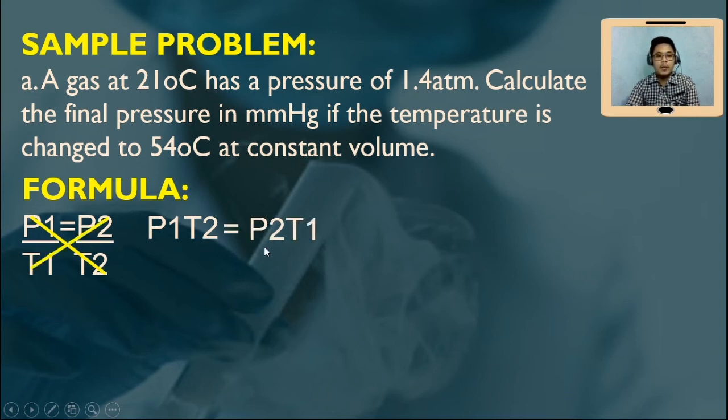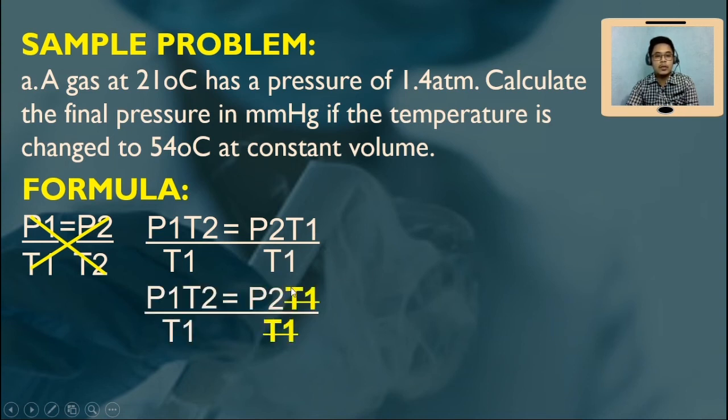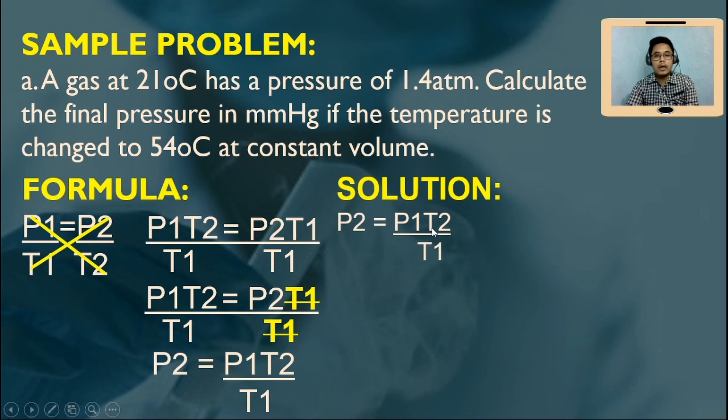And dapat ang maiwan lang na quantity dito is the P2. That's why you're going to divide both sides by T1. And then dahil may T1 dito, cancel. And it will give you the formula for P2, which is P2 is equal to P1 T2 over T1.